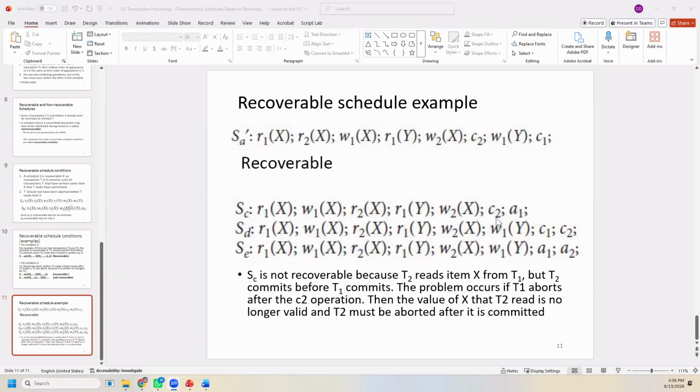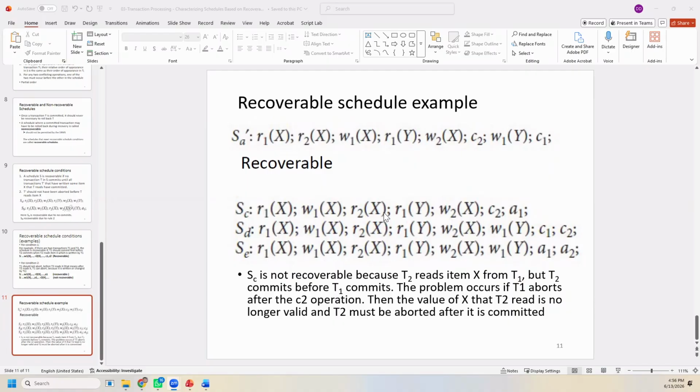I think C2, because here it is very clear, no? Transaction 1 has written, modified X. Then what happened? Transaction 2 read the modified data, the modification done by transaction 1.